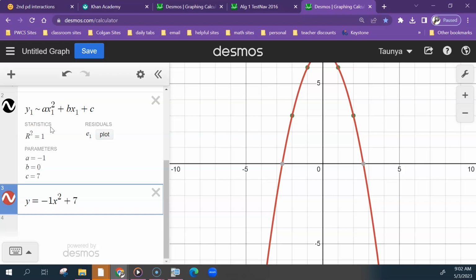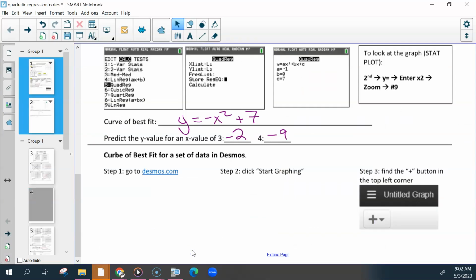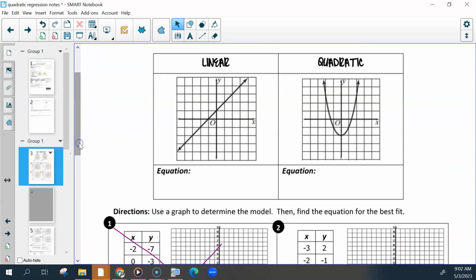We are going to do more. In your notes, the biggest thing you need to know is the difference between the two. Sometimes your problems will say line of best fit, and that's linear. Sometimes it'll say curve of best fit, and that's quadratic.